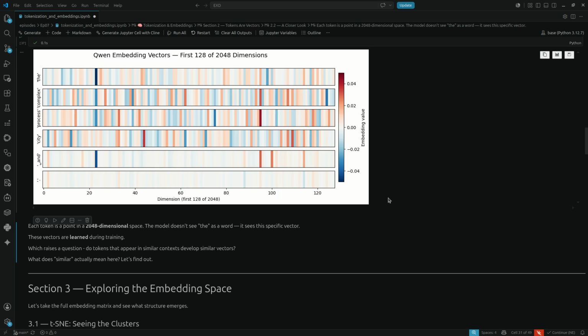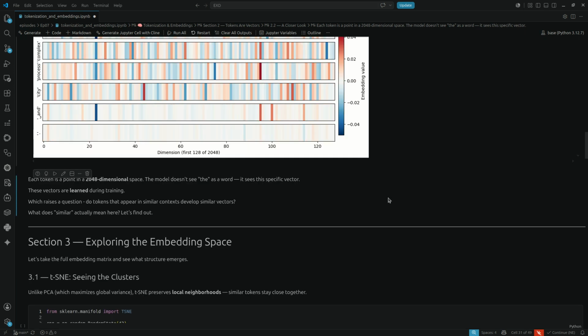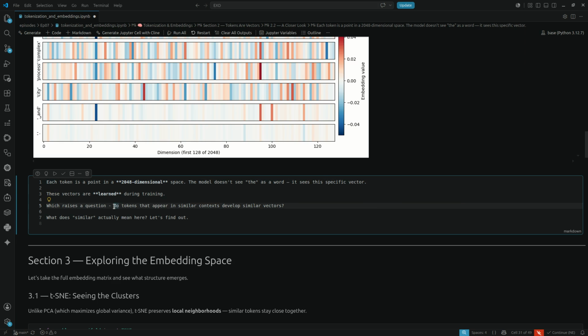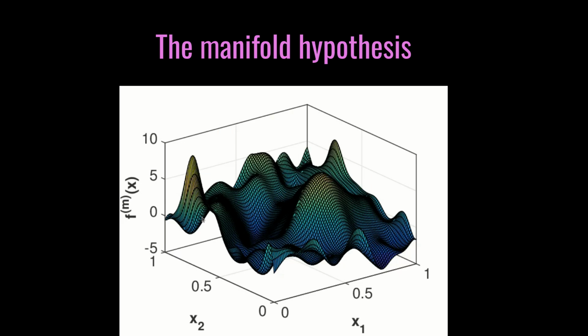What's the rationale for assigning a single point to a specific token? The question we're asking is, do tokens that appear in similar contexts have similar vectors? You imagine that cat and cats, well, are those two points far away from each other in this higher dimensional space, or do they lie very close to each other?